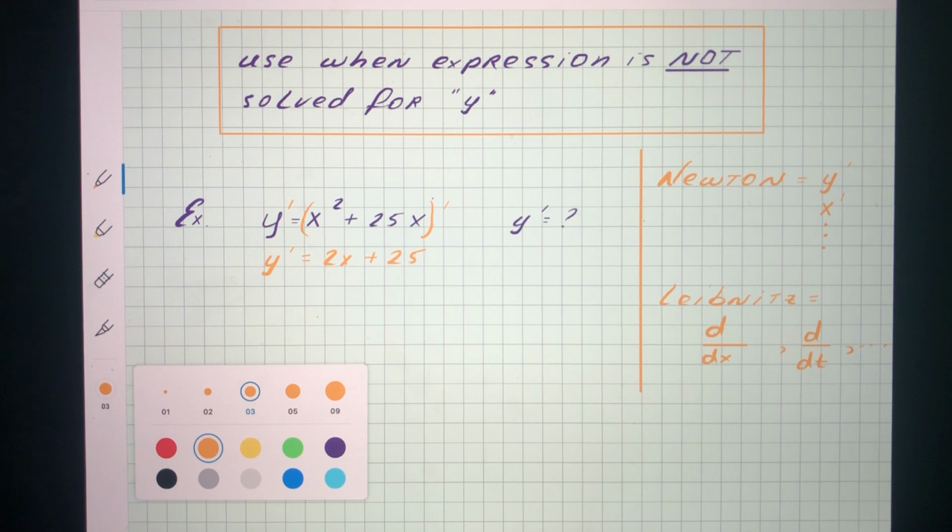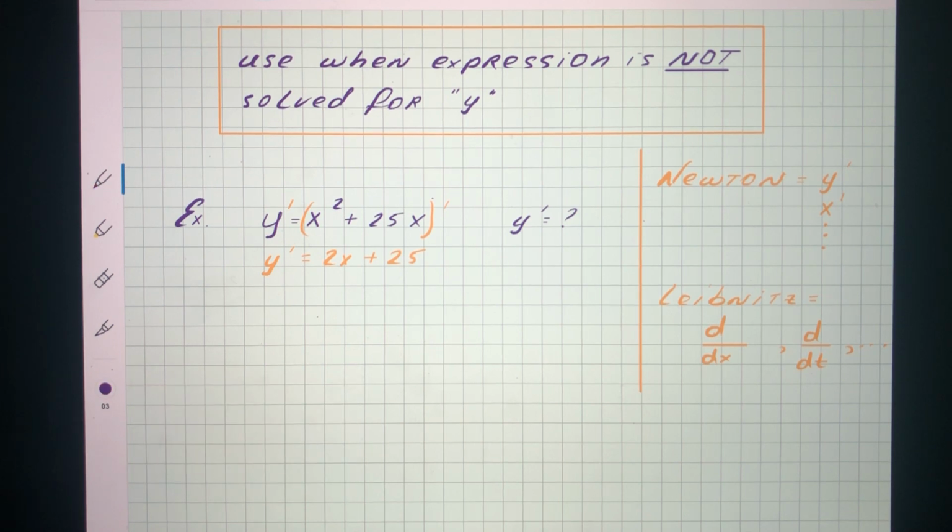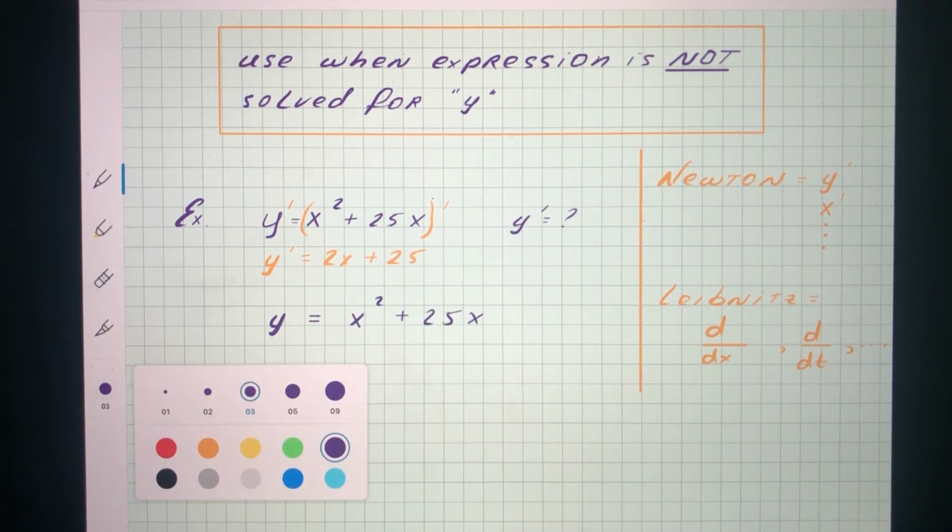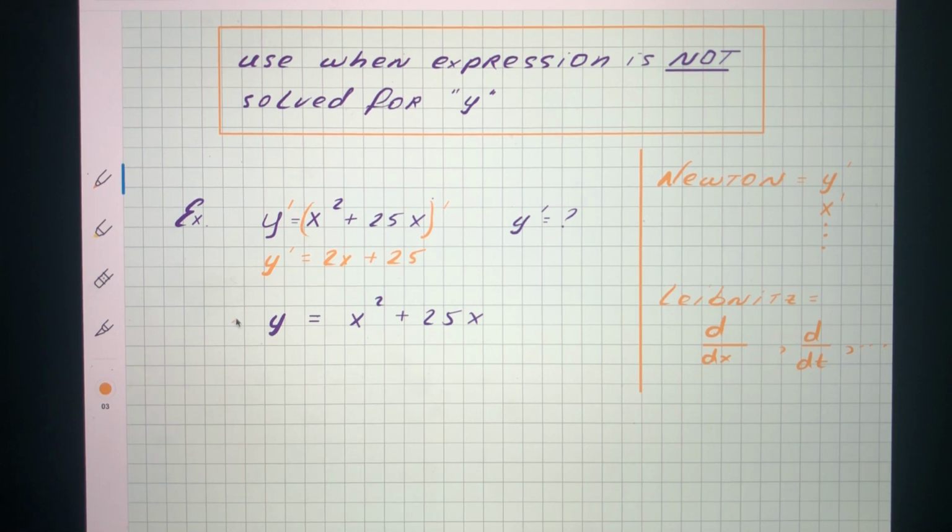So let me rewrite the question first, and then we will apply the differential operator to both sides and see how that works out. So now we're using Leibniz notation, and we're applying the differential operator to both sides.